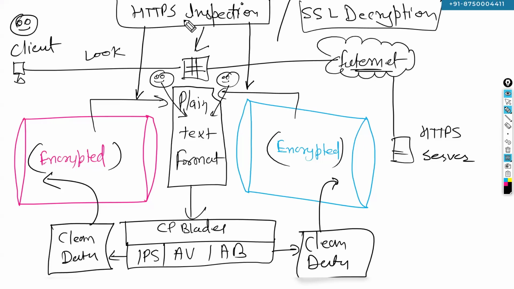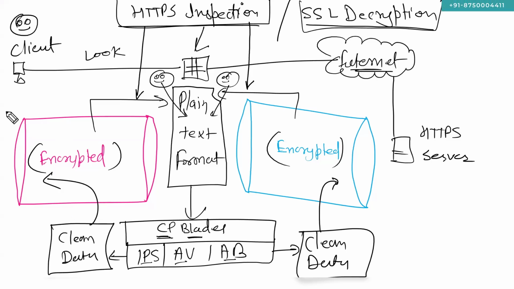So this is HTTPS inspection or SSL decryption. It is just an introduction. Whatever I'm talking about here is just an overview. Detailed learning we will do when the topic comes. With HTTPS inspection or SSL decryption, you can convert encrypted data into plain text format so that it can be offered to Checkpoint blades like IPS, antivirus, antibot, and they can remove the impurity or clean the data.